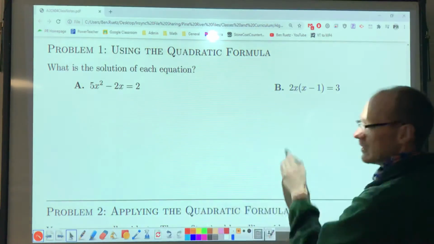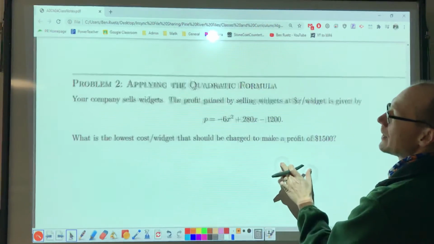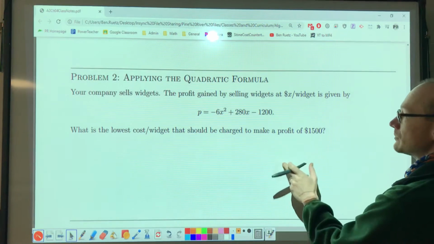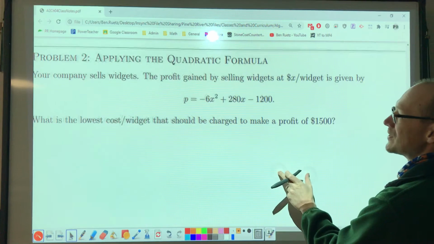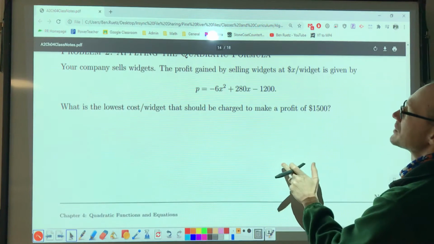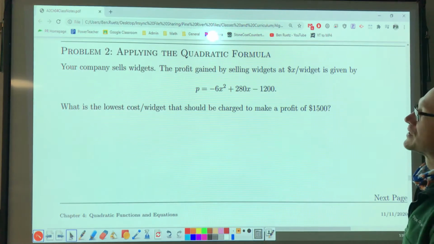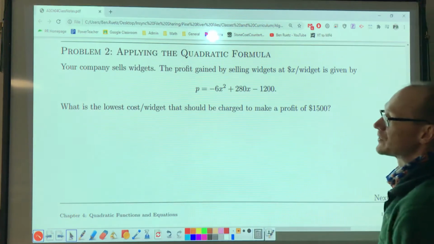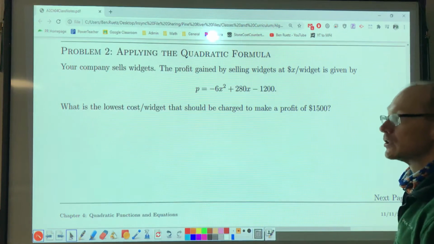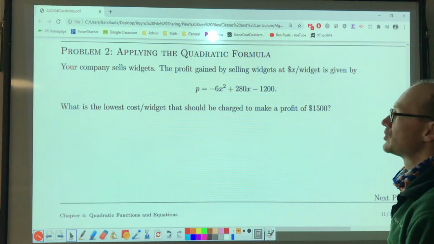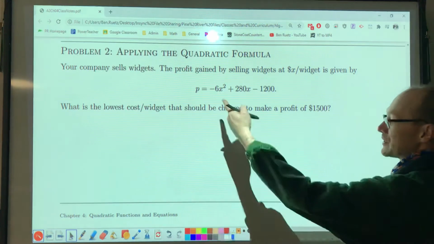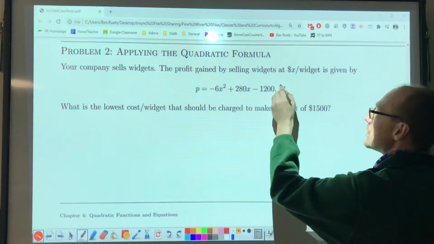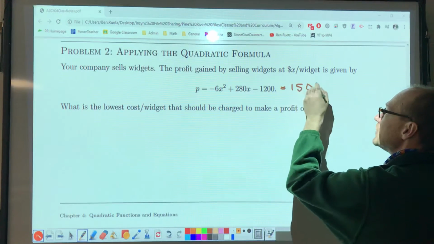All right, let's look at this right here. Let's say that I want to apply the quadratic formula in a word problem situation. Your company sells widgets. The profit gained by selling widgets at x dollars per widget is given by this right here. The profit equals this. What is the lowest cost per widget that should be charged to make a profit of $1,500? Does that mean, if I'm being asked, when is the profit equal to $1,500?